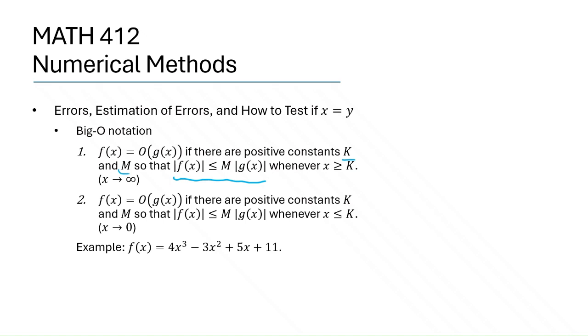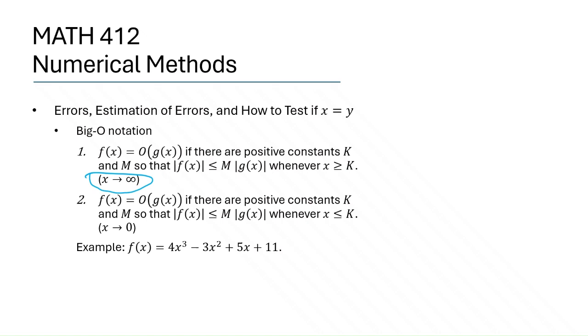The absolute value of f of x is always less than or equal to m times the absolute value of g of x whenever x is greater than or equal to k. Some textbooks just give us a definition for when x goes to infinity.